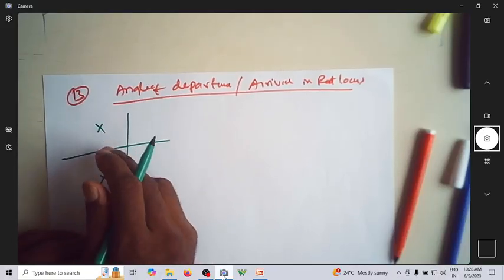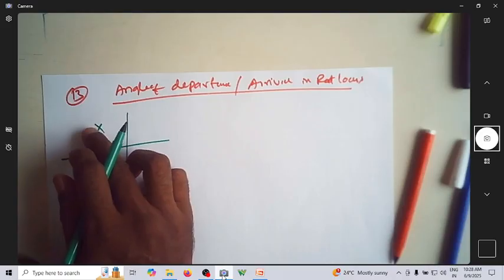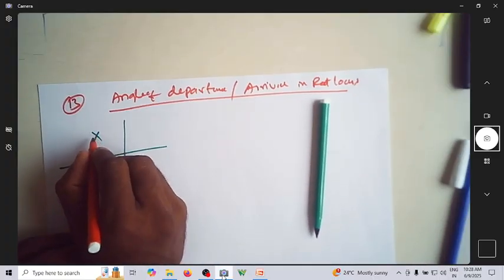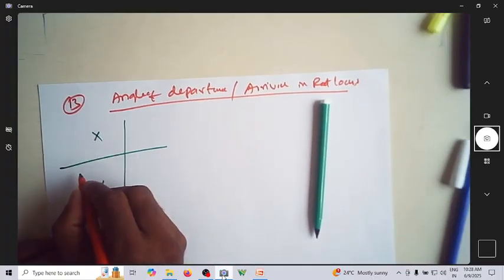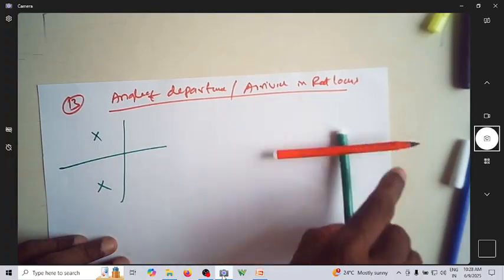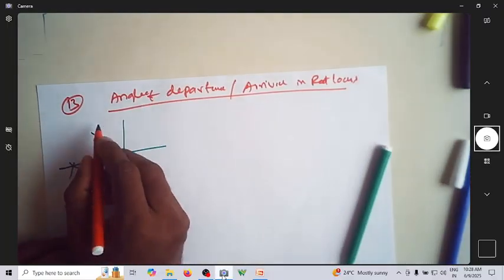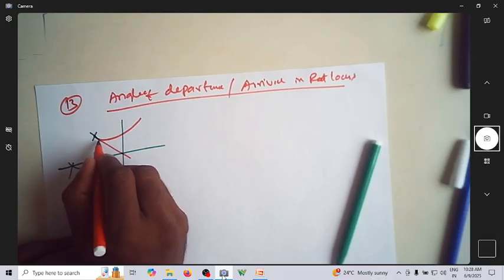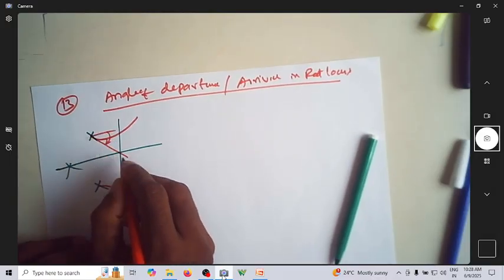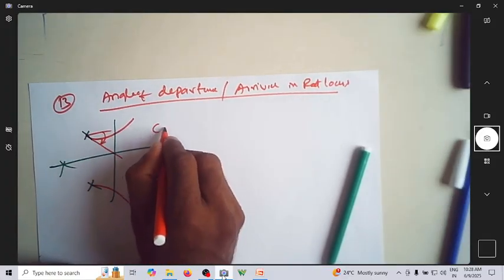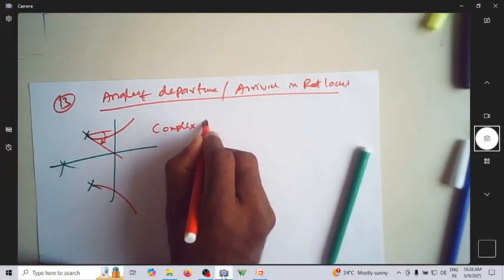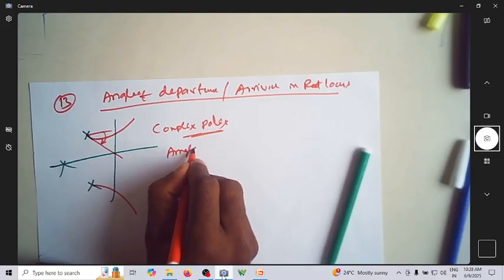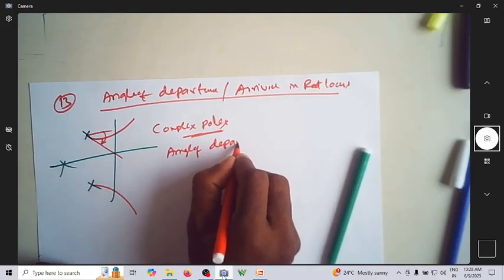When you have a complex pole, you will not know at what angle it departs. The initial angle at which it deviates, if it goes like this, is called the angle of departure. When you have complex poles, you end up with the angle of departure.